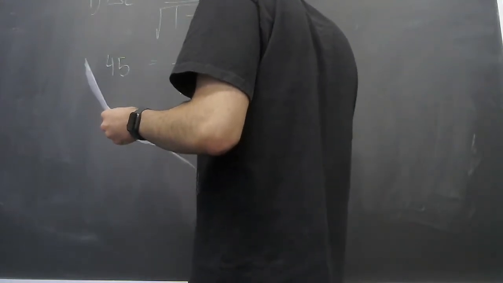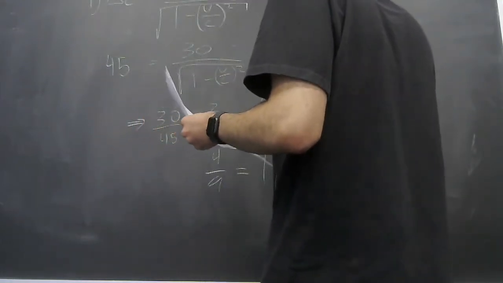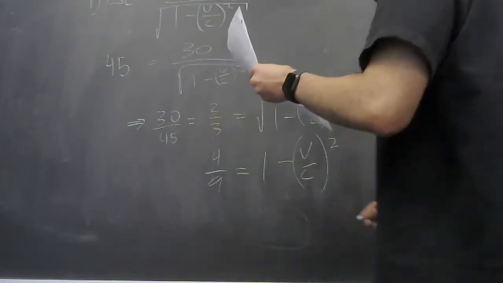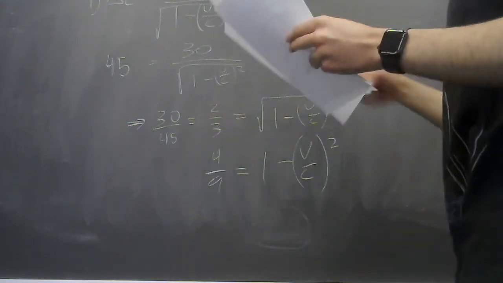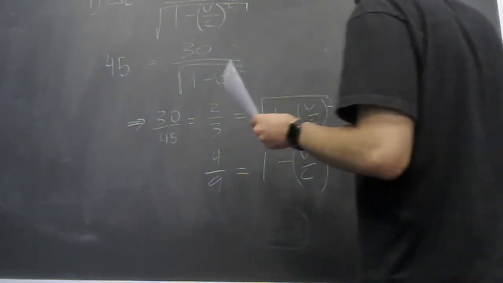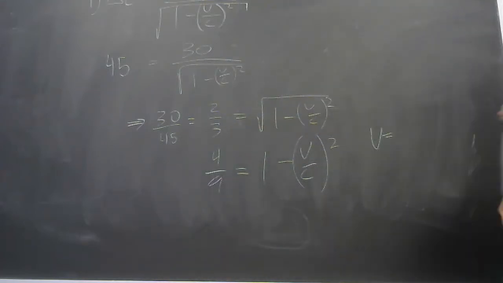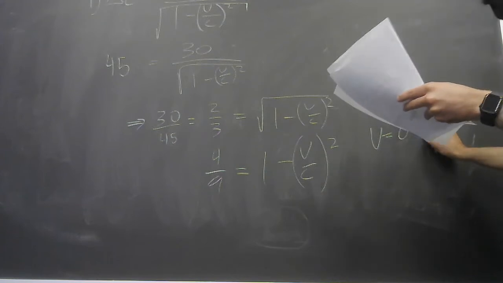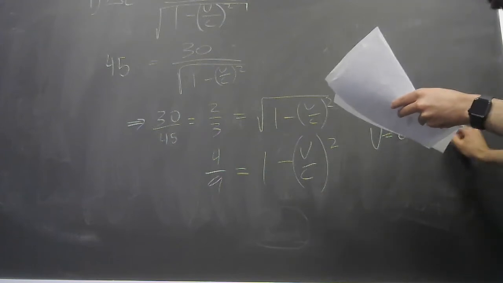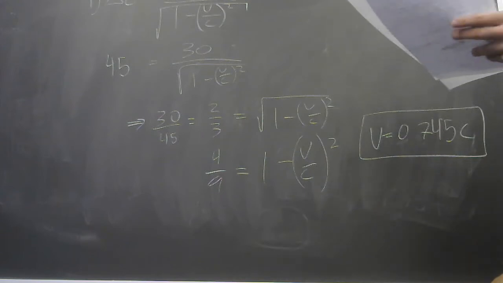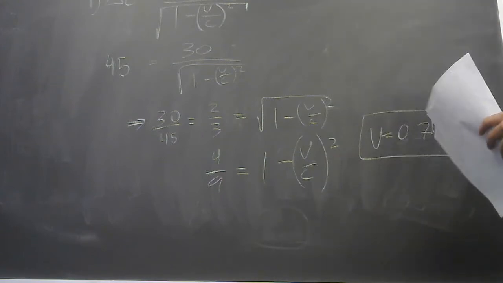We're now going to square both sides and get 4 over 9 equals 1 minus v over c, this guy is still squared. At this point, I'll let you guys drive the rest of this to solve for v, and v comes out to be equal to 0.745c.